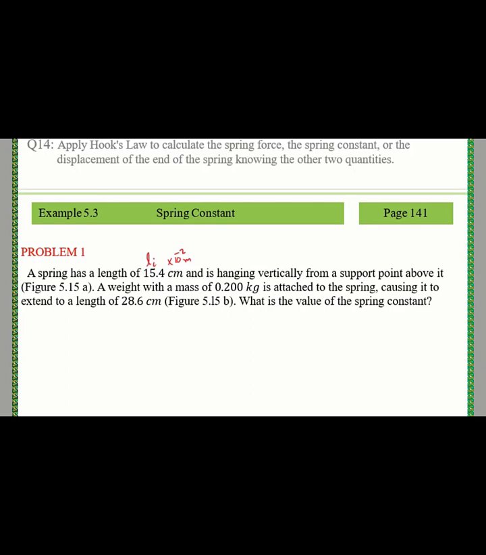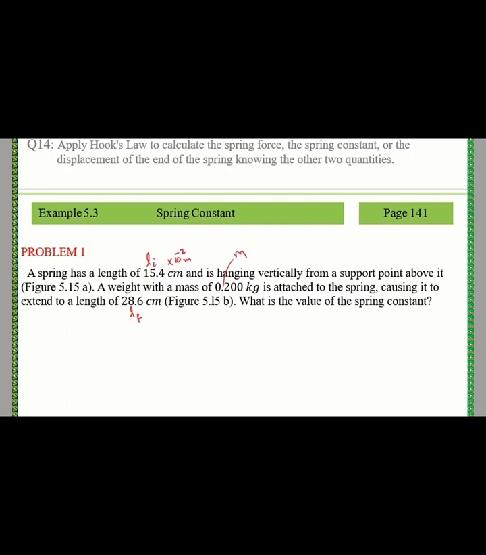A weight with a mass is attached to the spring, causing it to extend to a final length. What is the value of the spring constant?